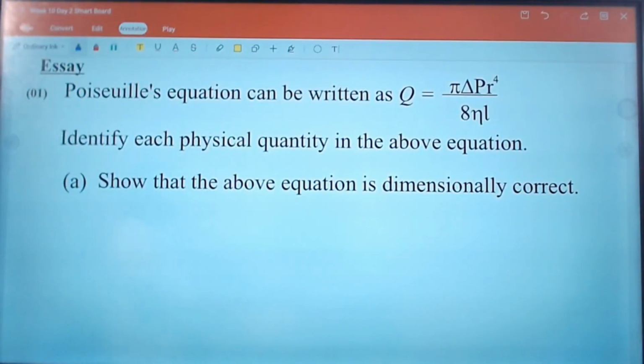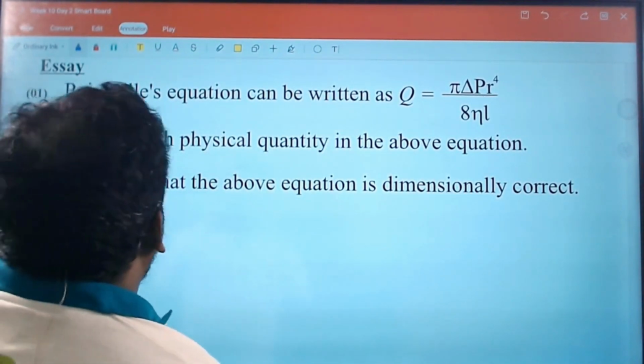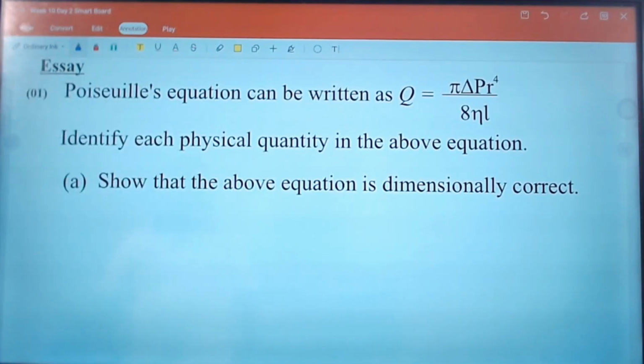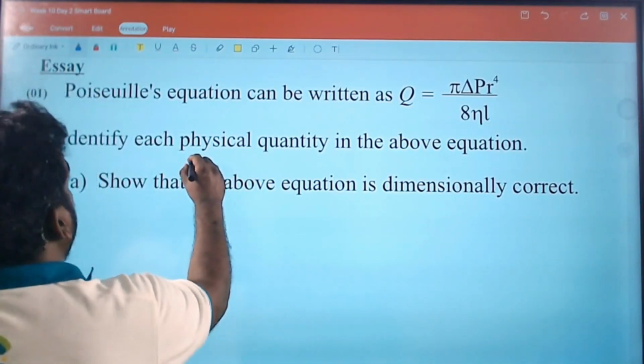Poiseuille's equation can be written as Q equals pi delta P R cubed over 8 eta L. Identify each symbol of the equation.